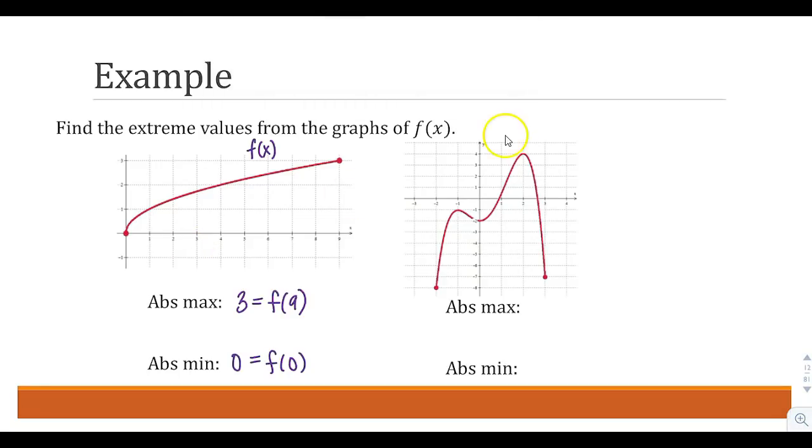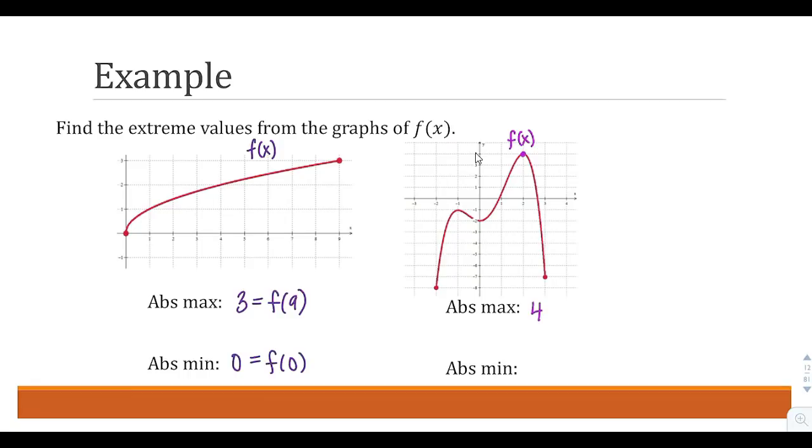Now the second graph, we'll also call this a different f of x. The absolute maximum on this function doesn't occur at an endpoint. It occurs up here at a local maximum. So the highest y value here occurs at the x value 2, but it's the y value 4.